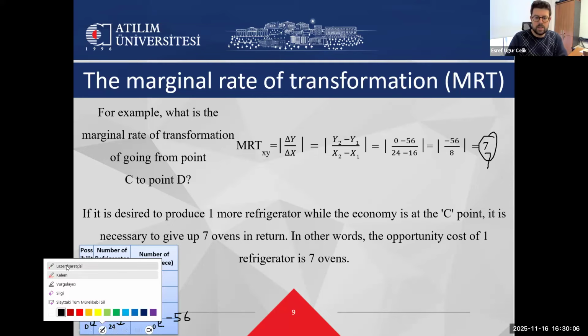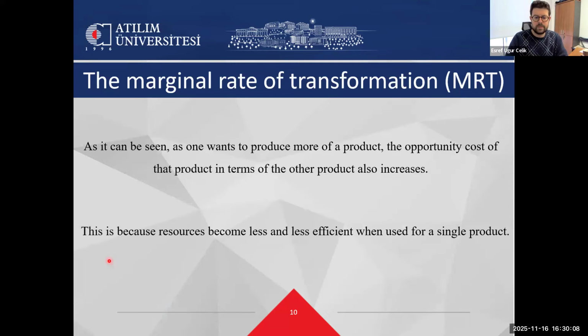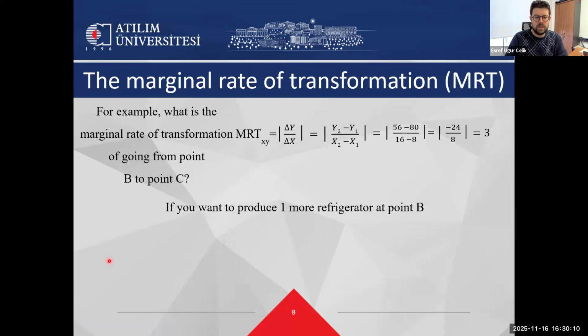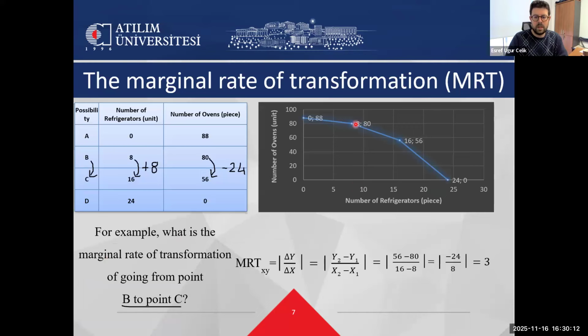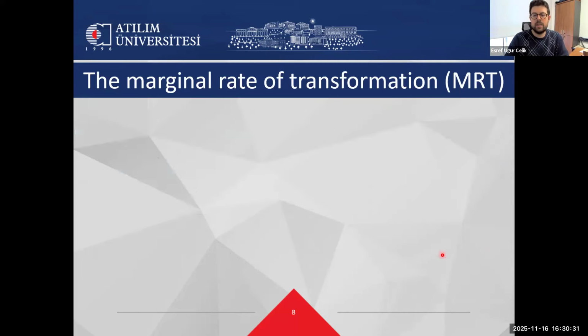Let's get the laser pointer. I'm going to show something. For moving from that part to that part, the give up becomes greater and greater. First for moving B to C, we give up 3, then we give up 7.